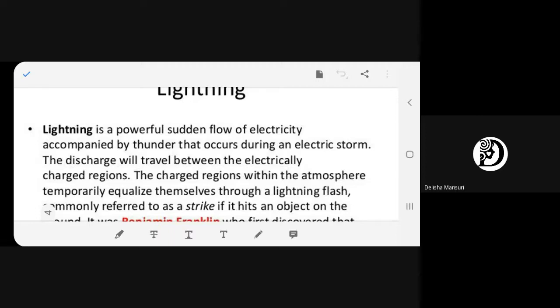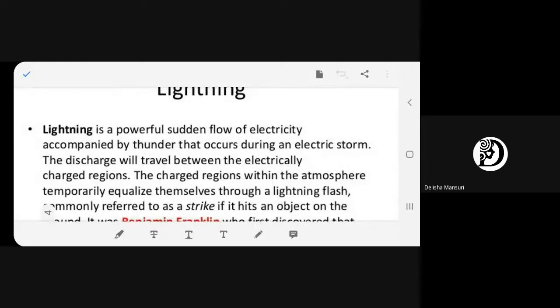The charged regions could be within the atmosphere, it could be between the clouds and the earth, or it could be between two clouds. You understand? If there is friction between two clouds, you can get lightning. If there's friction, the electrons pass from cloud to the earth, you can hear the thunder as well as you can see the lightning which is falling from the cloud to the earth. You got it?